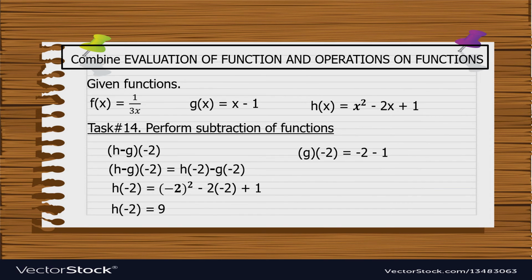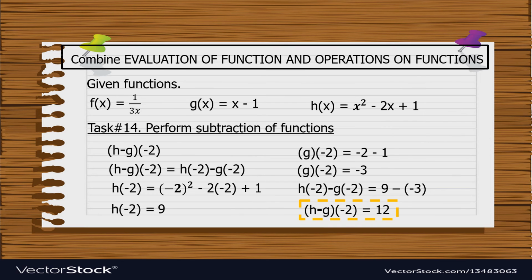And also, we need to evaluate g at negative 2. So, g of negative 2 equals negative 2 minus 1. And g of negative 2 equals negative 3. Then, h of negative 2 minus g of negative 2 equals 9 minus negative 3.